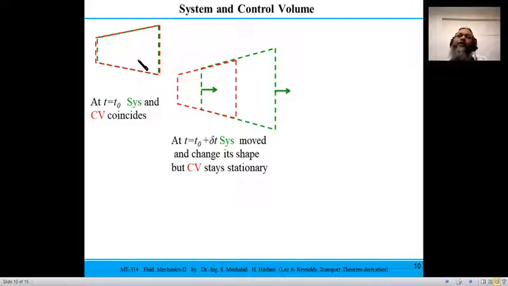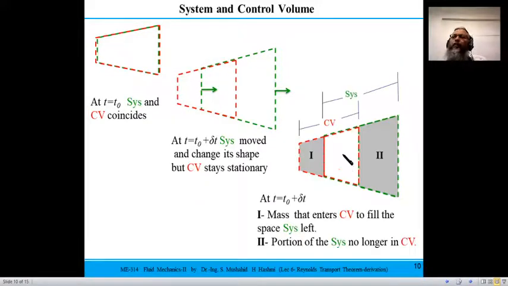What happens after a small time delta t has elapsed? Then the region of interest, which is red, remains the same. Some mass comes in, some mass has left. So the system, which is the entity of mass, has some new mass come in, and the mass already present in this region has left. The red is the control volume which remains the same, and the green one is the system.